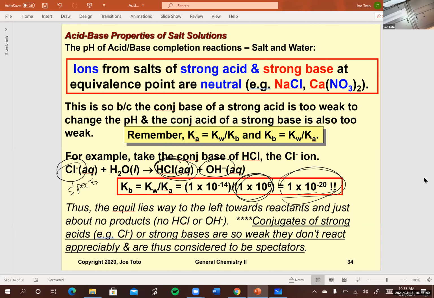So that's one takeaway. Again, just to recap, when an acid and base react, it takes place to completion and you get salty water. When that acid and base are both strong, the salt's ions are both conjugates. The cation and the anion can be considered conjugates of strongs and therefore spectators, and do not change the pH. It stays 7.